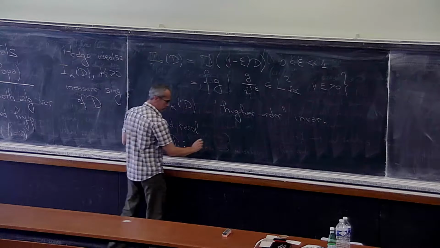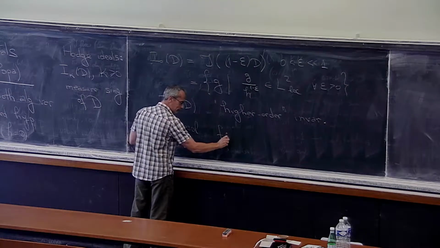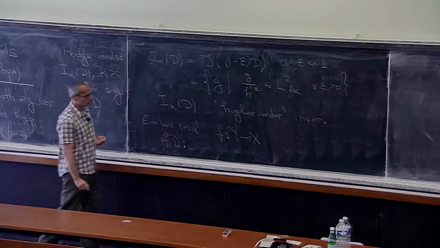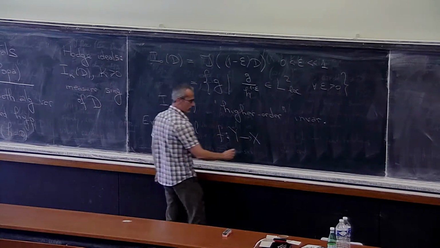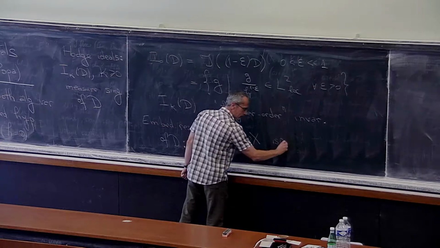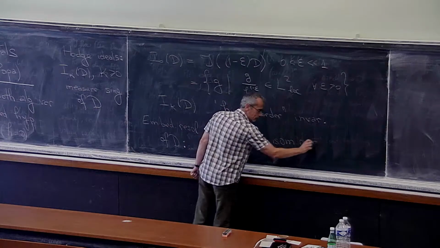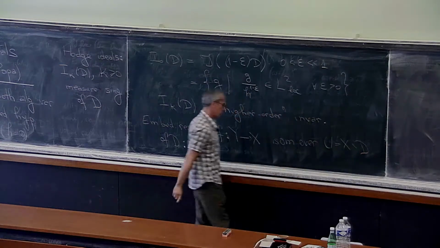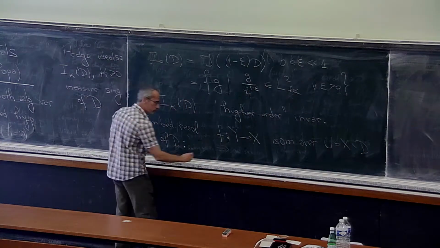This will be a morphism f from Y to X, which is an isomorphism over the complement of D, over U, which is X minus D, and such that Y is, of course, smooth.